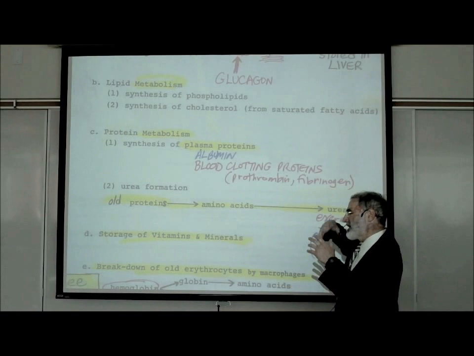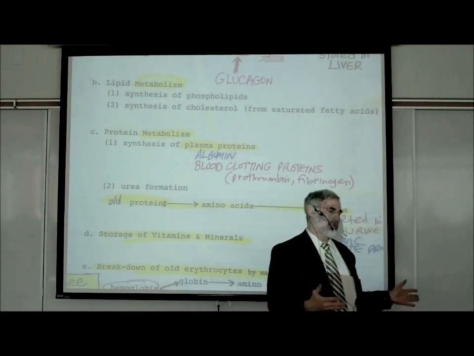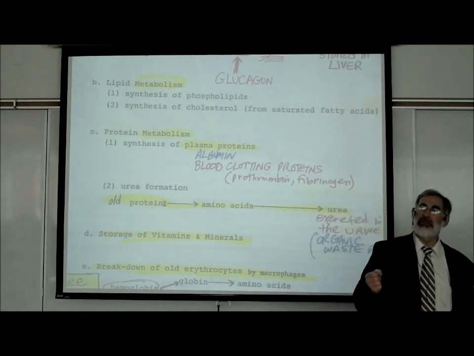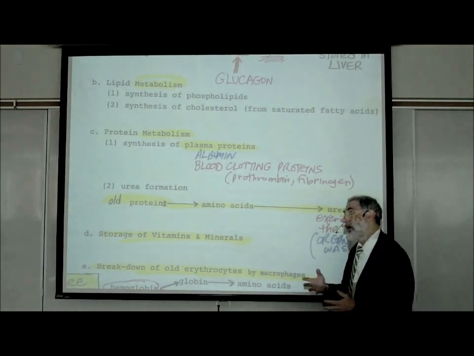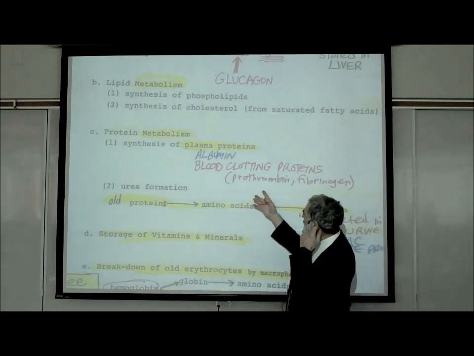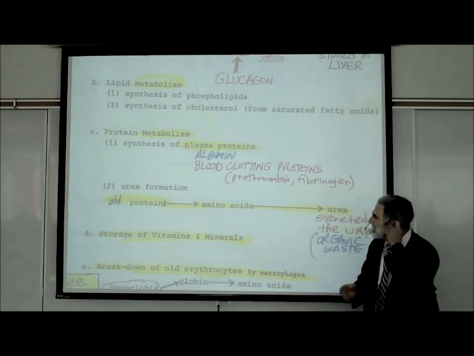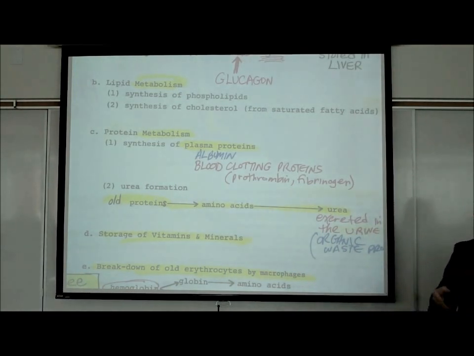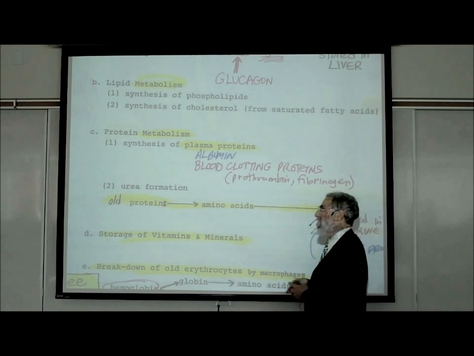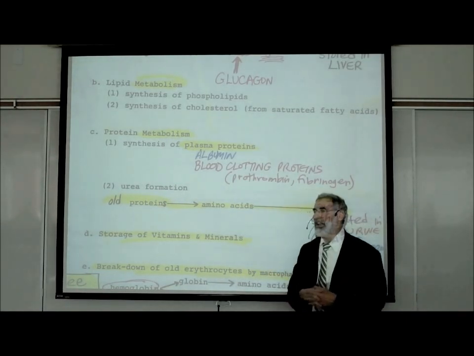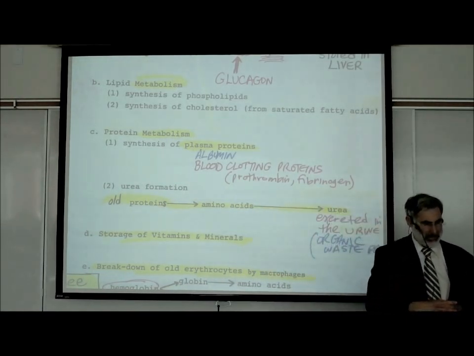Your liver makes the proteins needed for blood clotting, among other things, and these include prothrombin and fibrinogen. If you've heard those names, fine. If you haven't, you'll certainly hear about them in physiology. But these are known as blood clotting factors or blood clotting proteins.